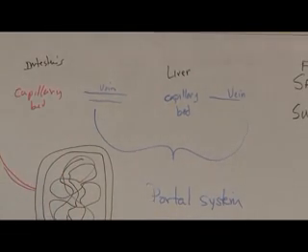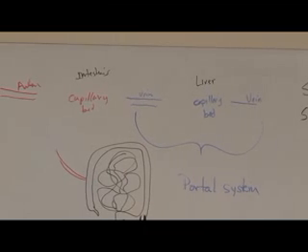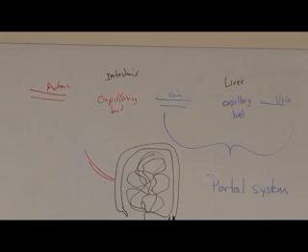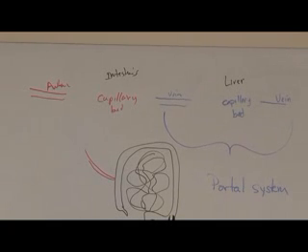So a portal system is where we've connected two capillaries in a flow sequence, all right? So then we can use that as a descriptor to identify things.